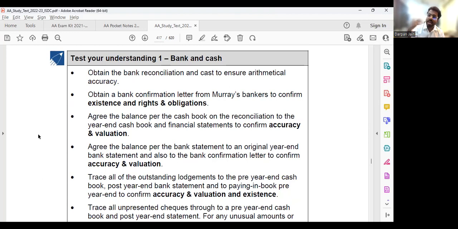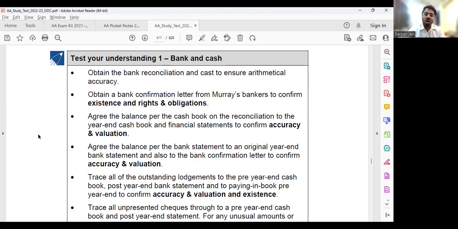The amounts which have been added and the amounts which have been reduced, was the calculation done correctly or not? So you're casting that BRS for arithmetical accuracy. Remember this term. This term will be used a lot of times in this chapter: cast to ensure arithmetical accuracy.